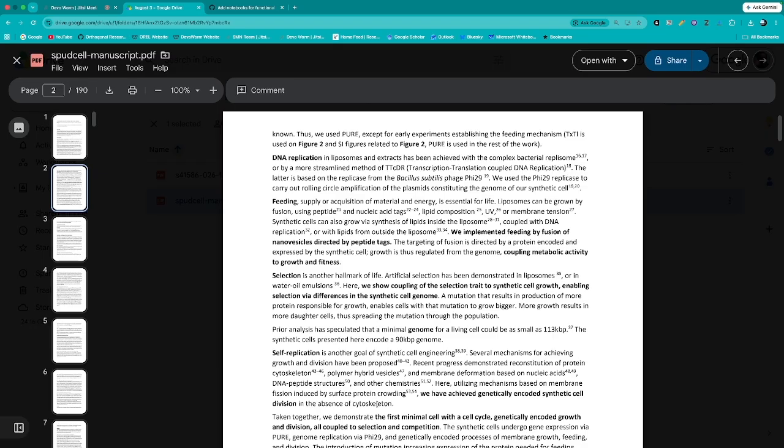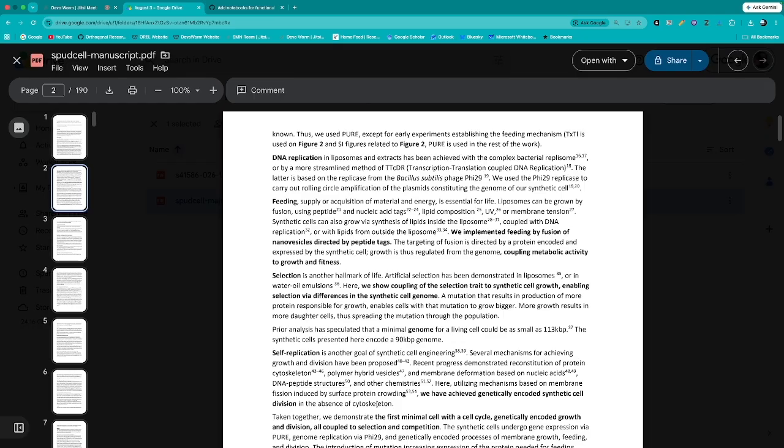This is interesting because they're initiating some sort of cell division, but they're doing it in a system that doesn't have a cytoskeleton. So they have what's basically a protocell, this liposome, it's basically a lipid, and there's no conventional cytoskeleton.